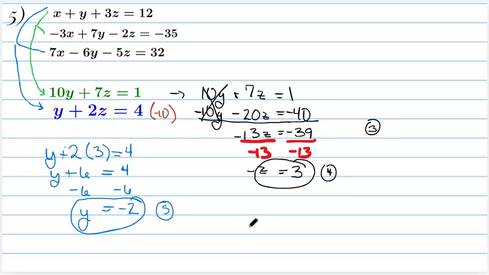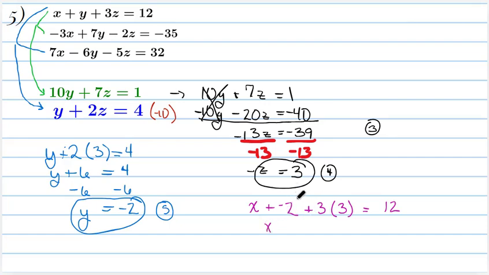Now step 6. We take one of the original equations. Your choice. I'm going to go with the top one because it's an easier one to work with. And we're going to use it to help us work through the problem. So it was x plus my y, which was a negative 2, plus 3 times my z, which was 3, is equal to 12.